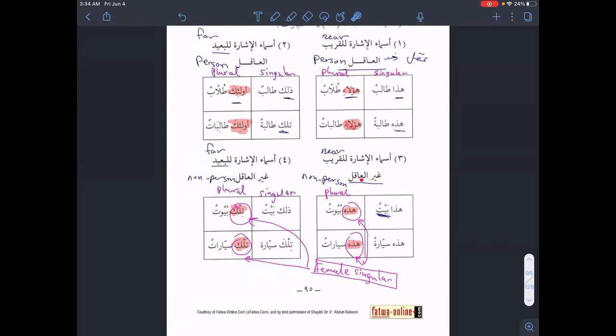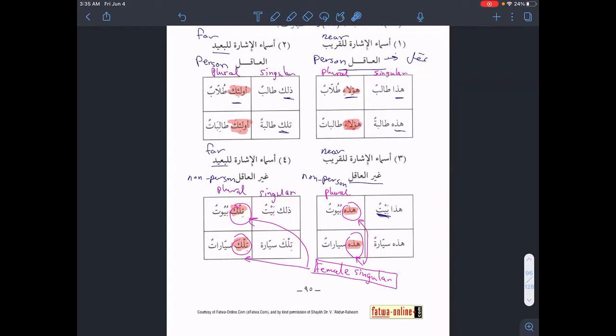For non-person, there is something that needs to be changed. So here طالب and طالبة, they are students. But بيت, for example, هذا بيت. This is a house. هذا becomes هذه. We do not use هؤلاء, even though هؤلاء is the plural form, but it cannot be used for non-persons.